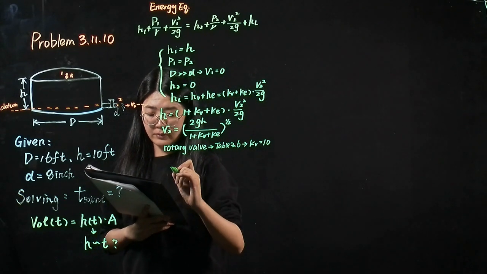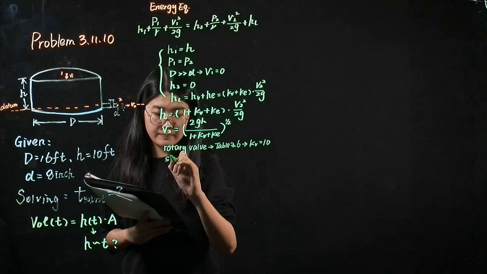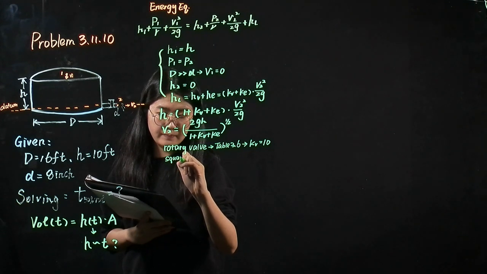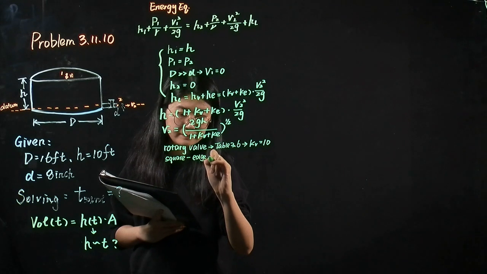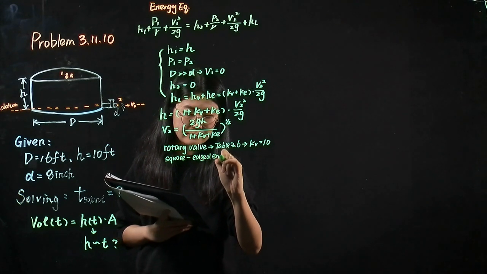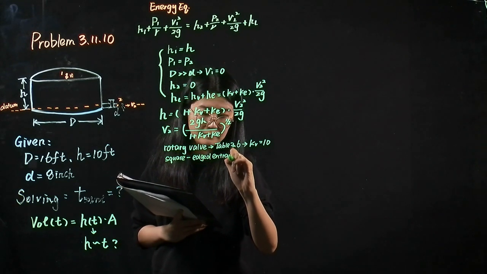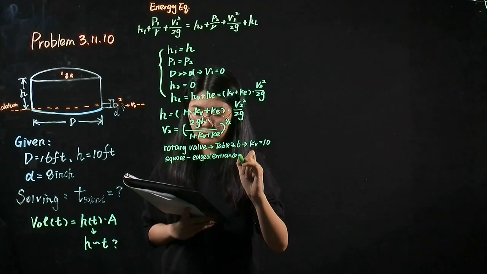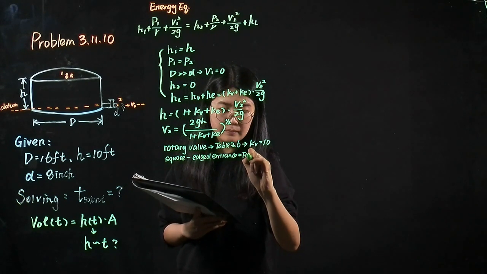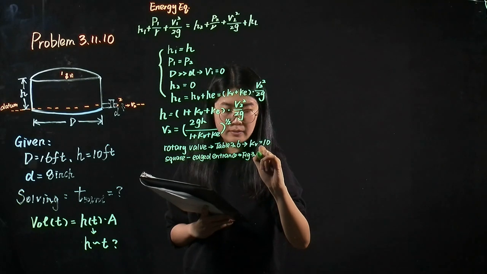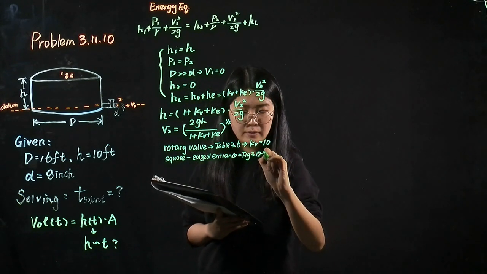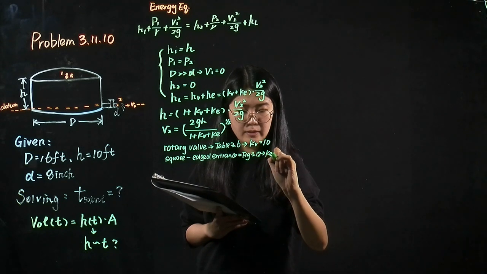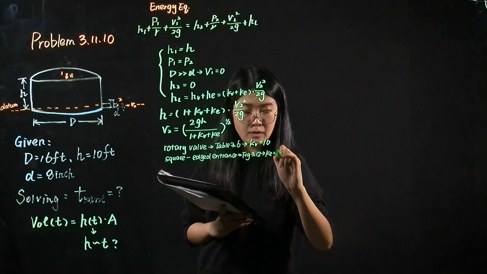And because it's a square-edged entrance, from figure 3.12 we can figure out KE is equal to 0.5.